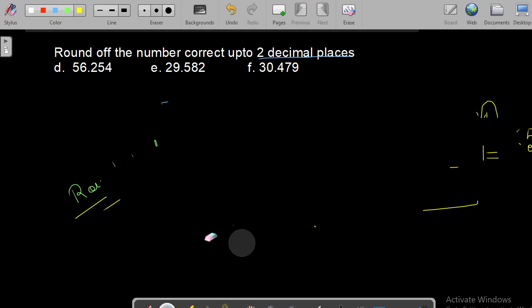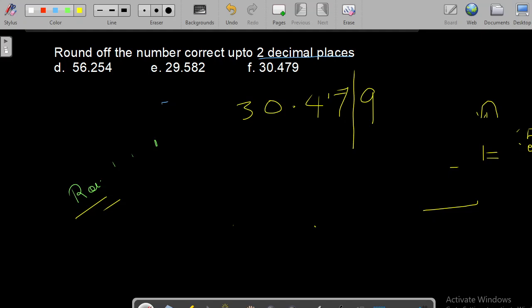So the last number is 30.479. Here I want to cut it off up to two decimal places. Cut off after two decimal places.